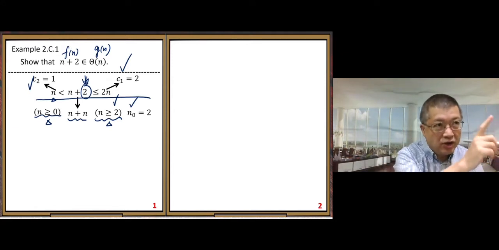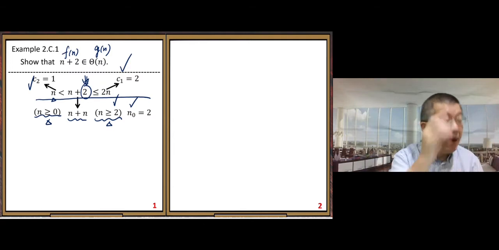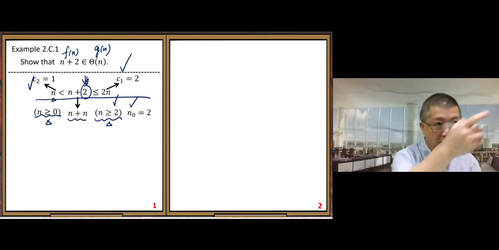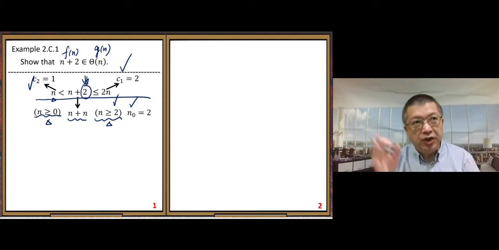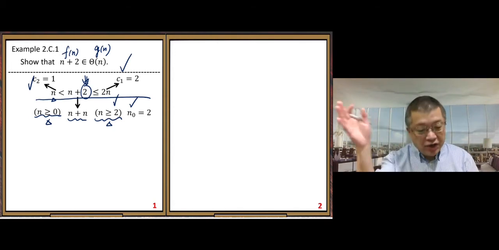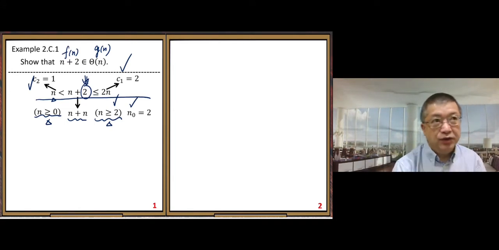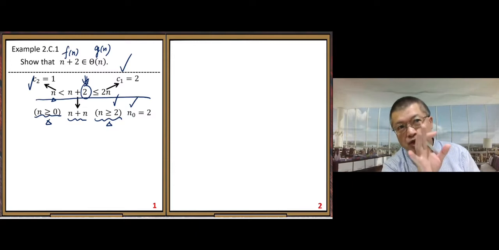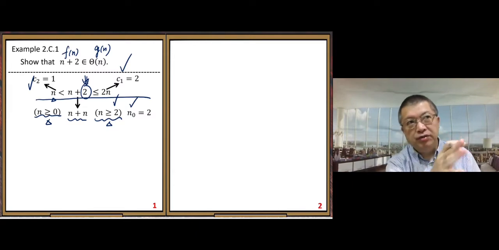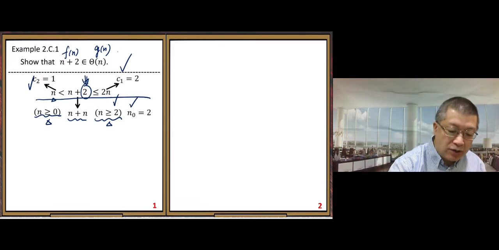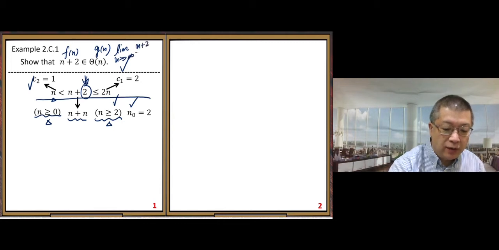This question can also be proved easily by calculating the limit. That will be much easier than the definition way. If I do not ask you to prove by definition, you can use the limit way. You calculate this limit, n plus 2 over n.